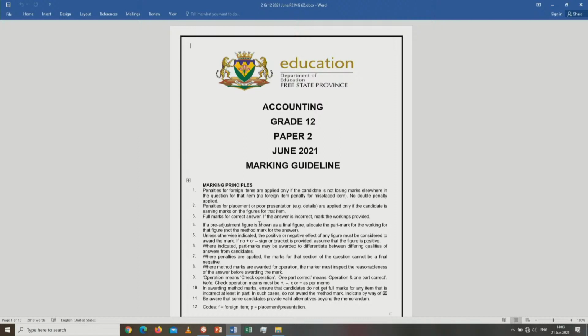Where method marks are awarded for the operation, the marker must inspect the reasonableness of the answer before awarding the mark. And here we must be careful. We're struggling with the method marks. Either we give the method marks too leniently or we don't give at all. So teachers, be very careful in awarding those marks.